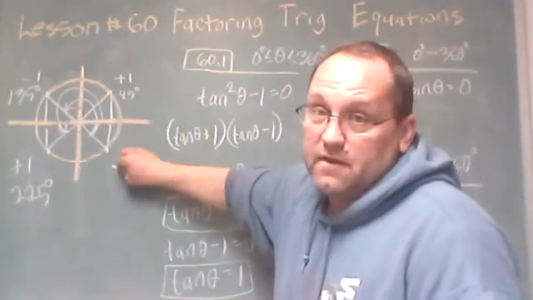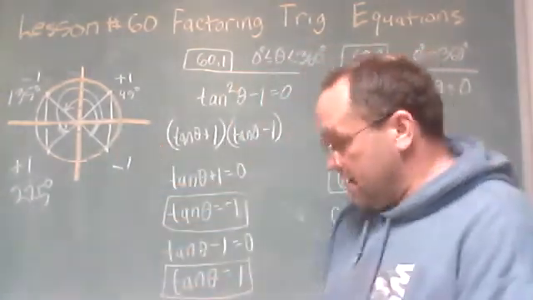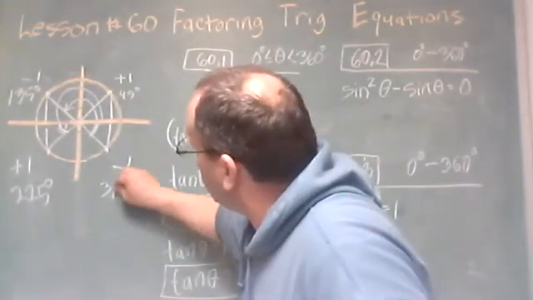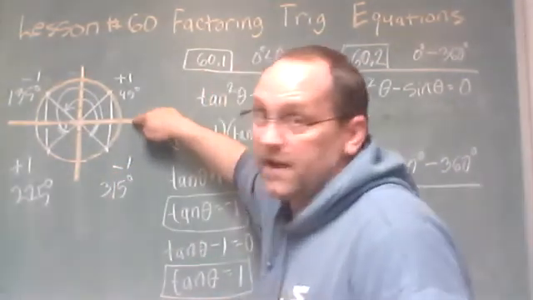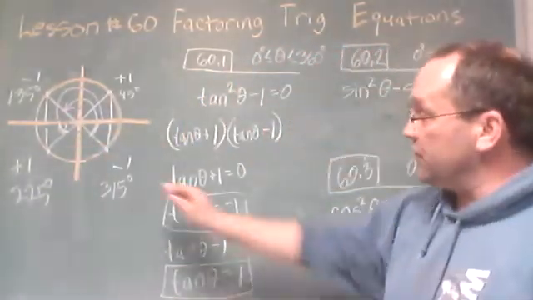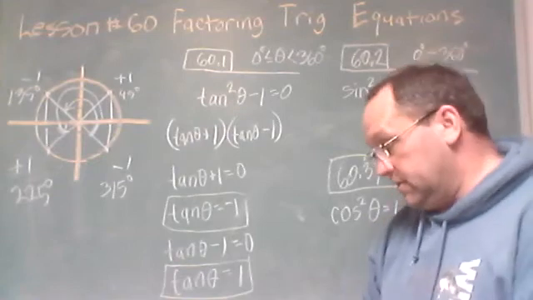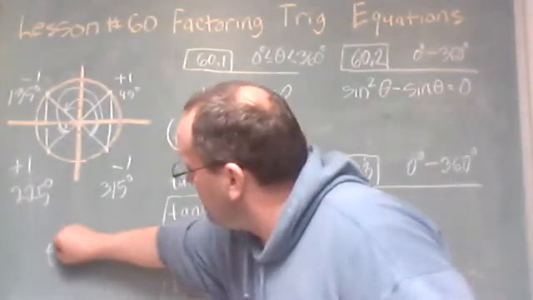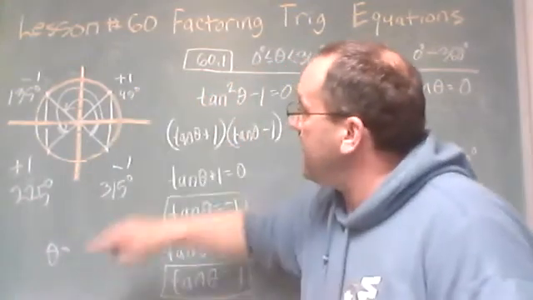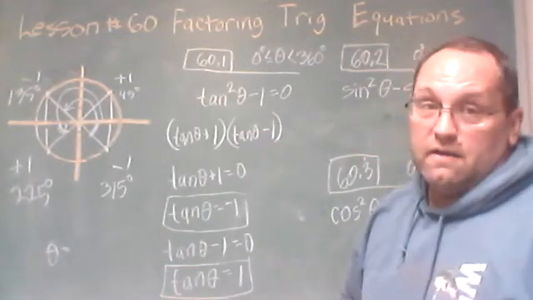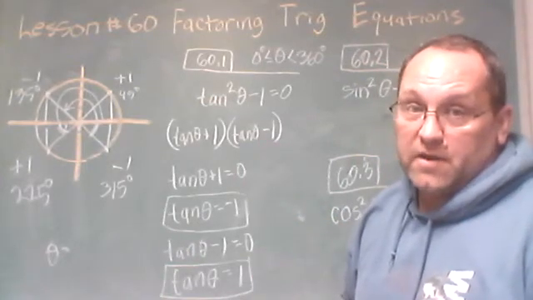That returns a tangent value of minus 1. Okay, and that is an angle of 315 degrees, if we start at our x-axis and go all the way around to measure it. So those are our 4 possible solutions for theta. Theta can be 45, 135, 225, and 315 for this trigonometric function.